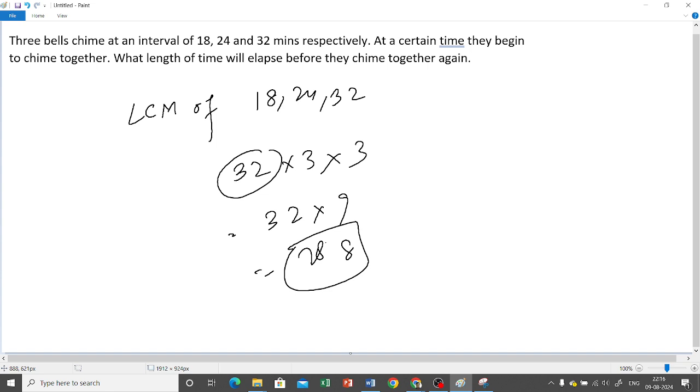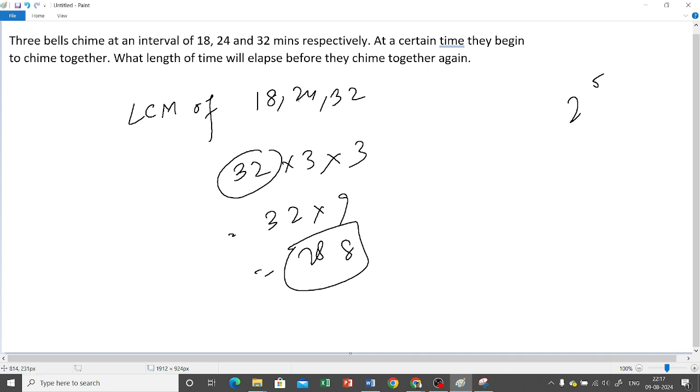Did you understand how I took the LCM, Ratri and Supratim? Yes, sir, understood. But sir, this 3 is already present in 24 and 32. No, no, why? 32 is 2 to the power 5, there is no 3 in it.